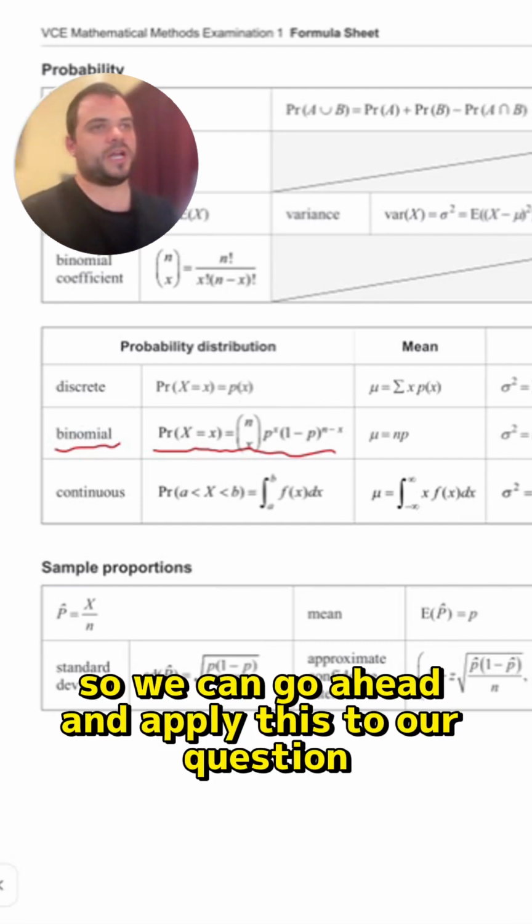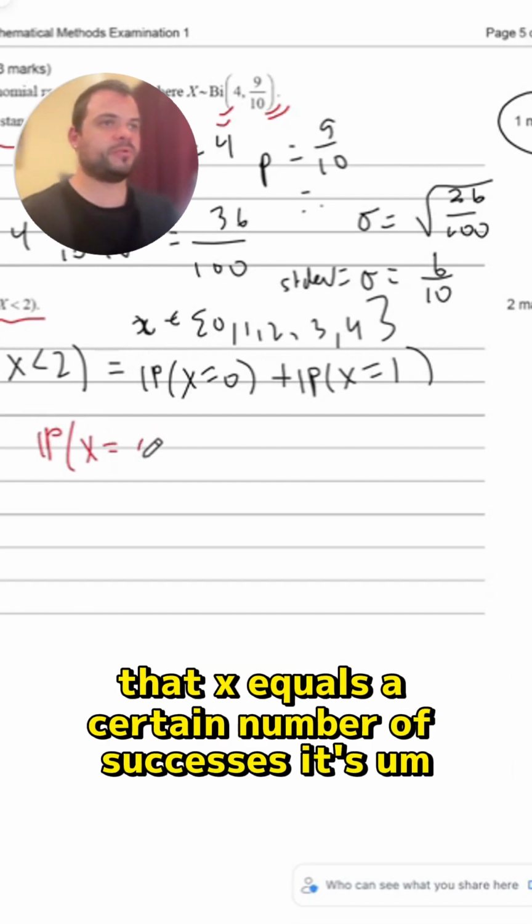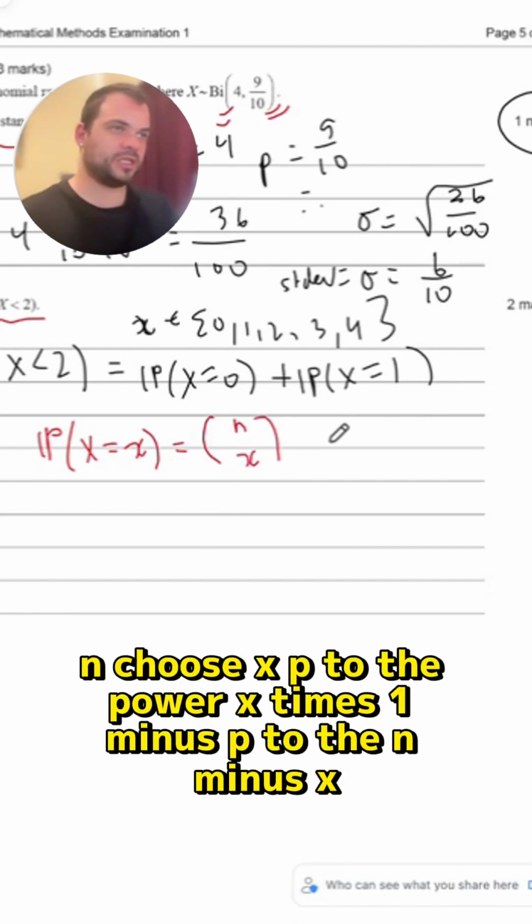So we can go ahead and apply this to our question. So I'm just going to write down the formula for the probability that x equals a certain number of successes. It's n choose x, p to the power of x times 1 minus p to the n minus x.